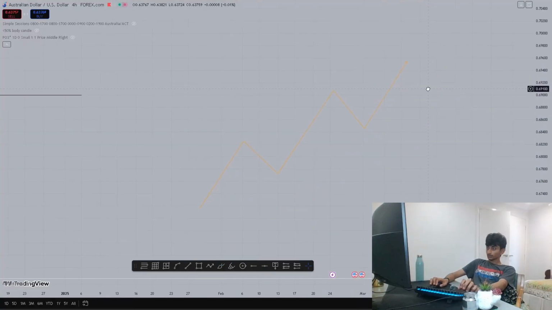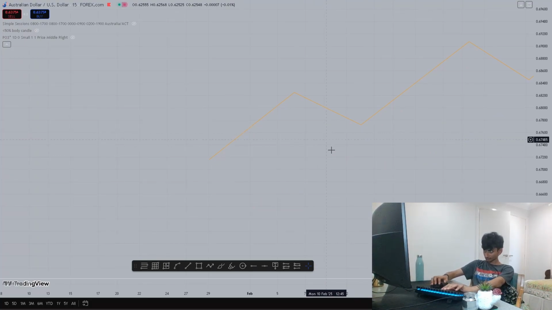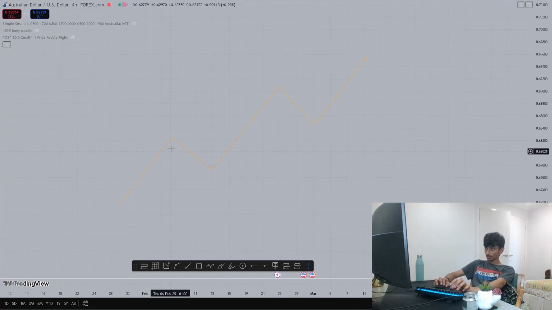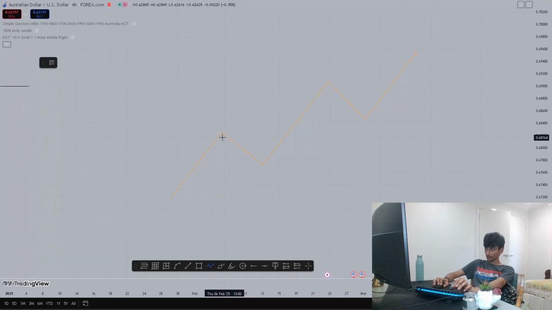But yeah, once you recognize where you are on the medium time frame, you want to drop into the 15-minute time frame, 5-minute time frame, whatever you like trading on. Let's say in this case we were in the move down. So obviously, what would this move down look like? It'd be like this on the 15-minute time frame, right?